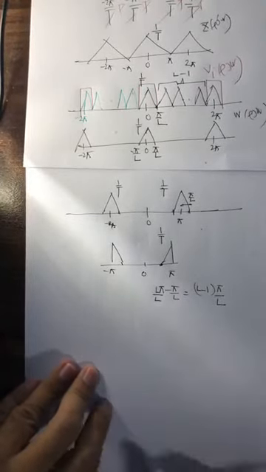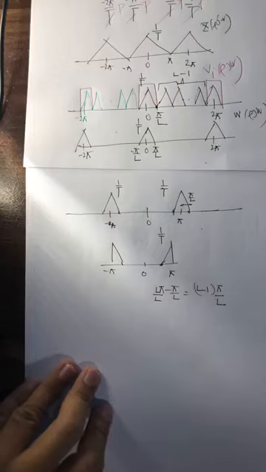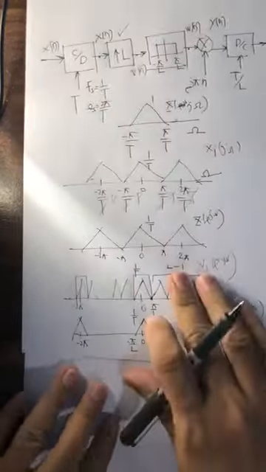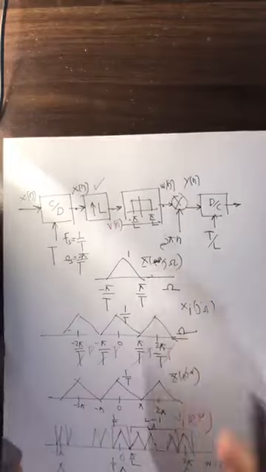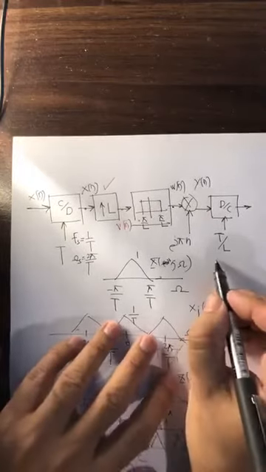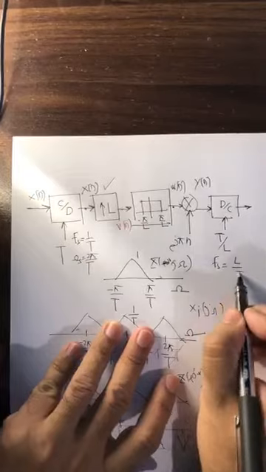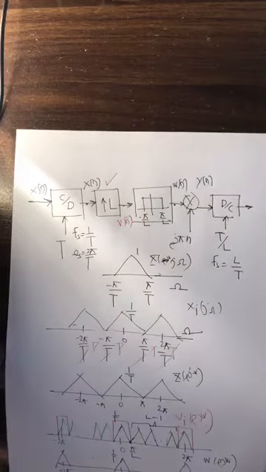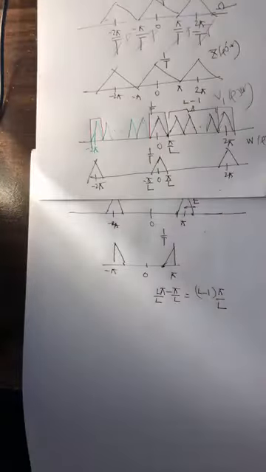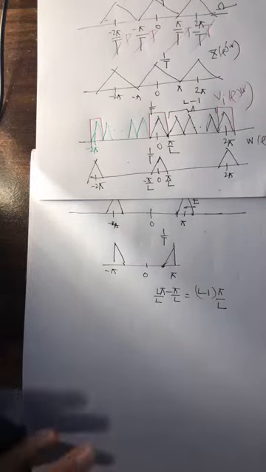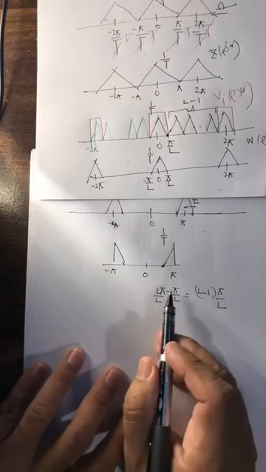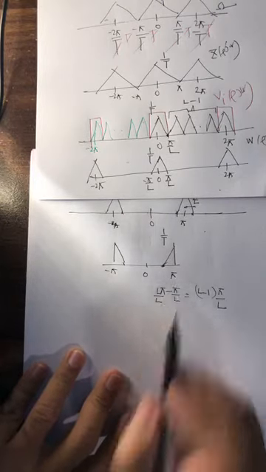Now you pass it through a discrete to continuous converter with the sampling period T by L. Remember what we do: pi by L, T by L. So the sampling frequency is L by T. You are increasing the sampling rate by a factor of L over T. Now here you divide the spectrum by T dash.